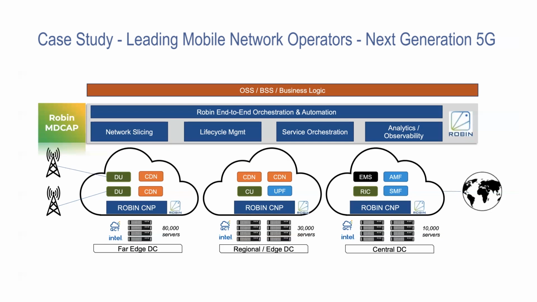With the automation and service orchestration lifecycle management, MDCAP would manage that, but each individual CNP cluster will be able to monitor and manage the cluster with open source Prometheus and Grafana for health and monitoring of the cluster for operations purposes as well.